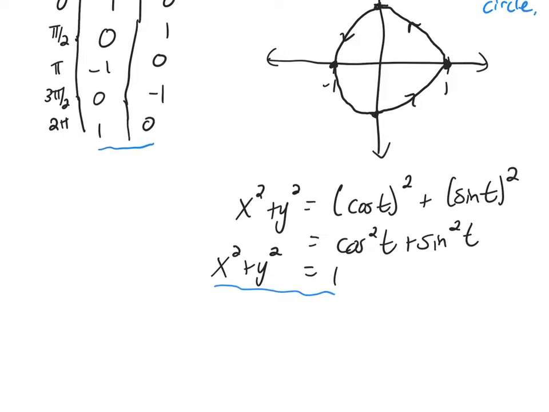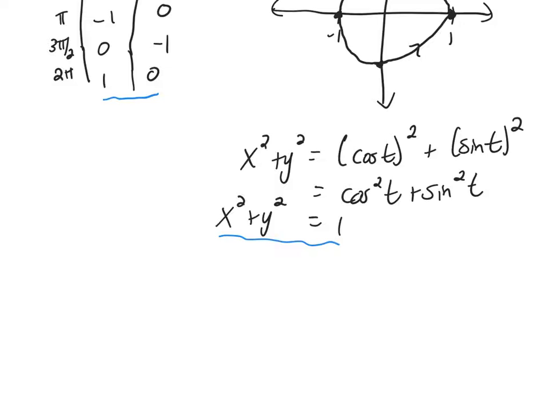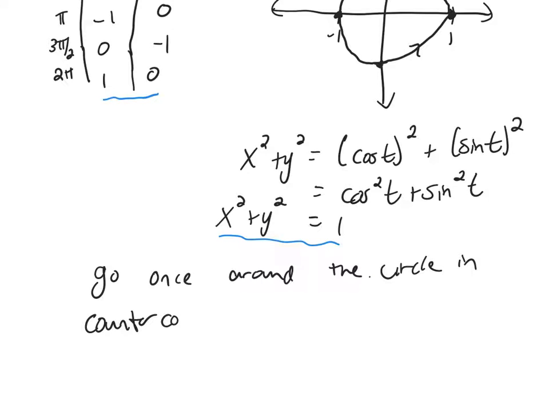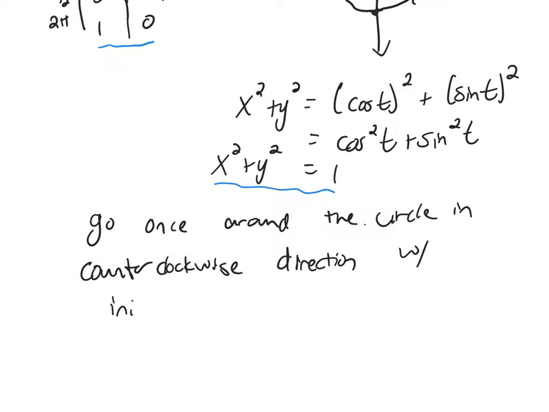And you could describe the curve given by these parametric equations as going once around the circle in the counterclockwise direction with, we should describe our initial point, the initial point for this curve being 1, 0.